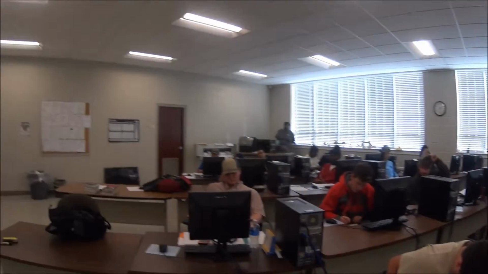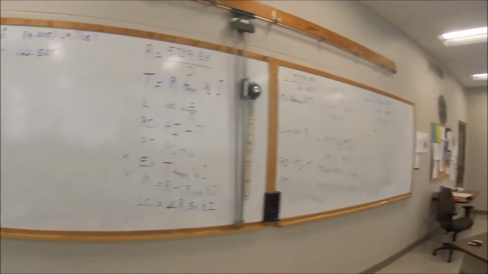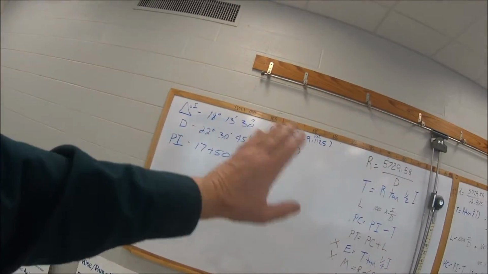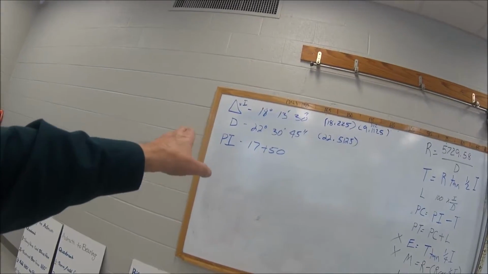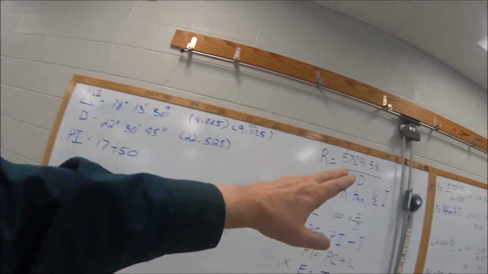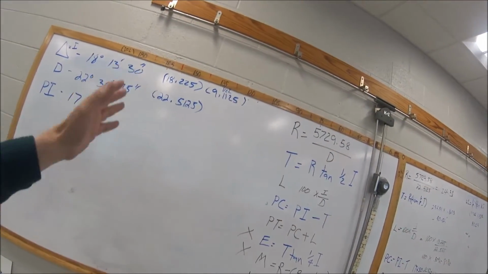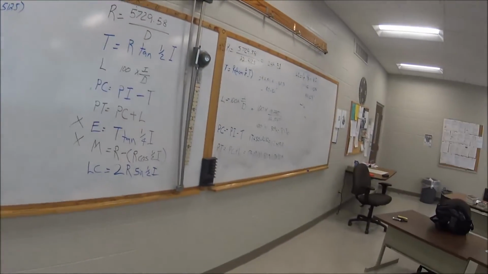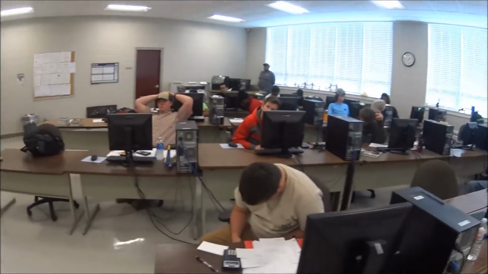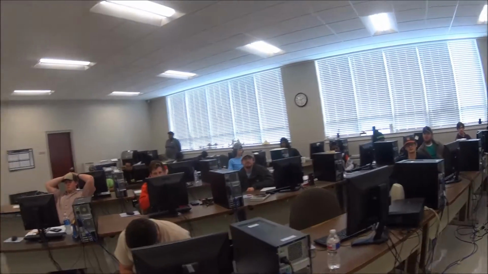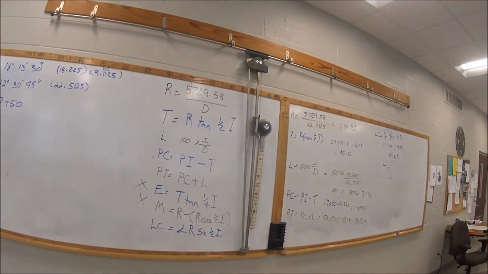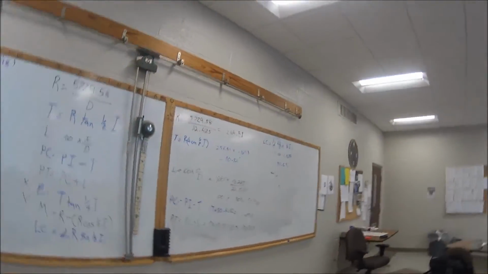So when you start getting curves out in the field, start looking at it and figuring it out. And if I would have seen it was 50 feet apart, I was like, wait, something's wrong. So that's why you learn to catch the mistakes that's on the plans and just learning to read that. All right, you guys can do one of these now? All right, we're going to see.